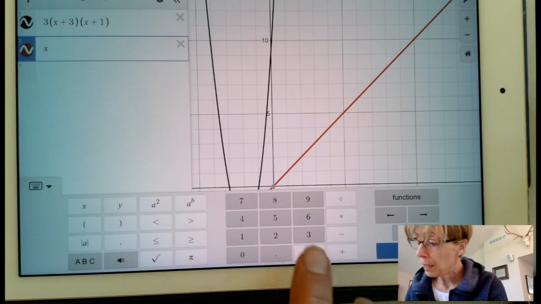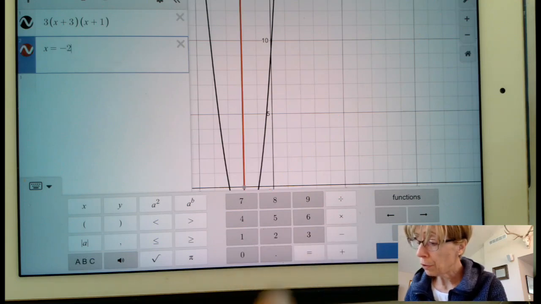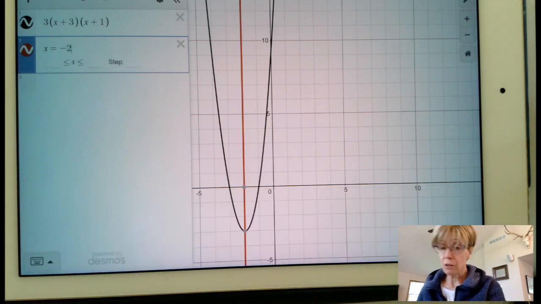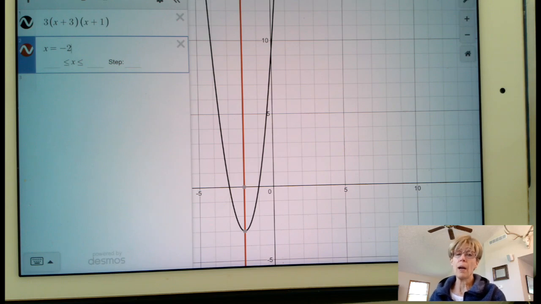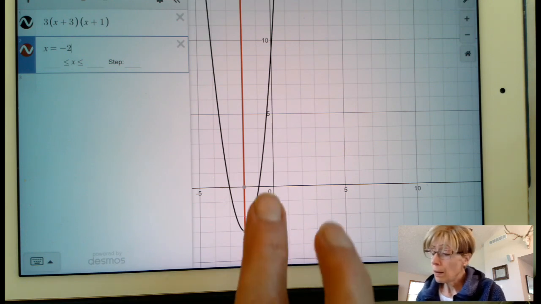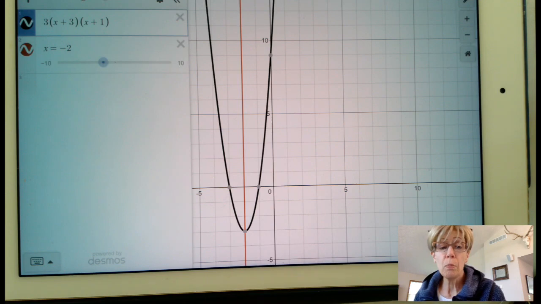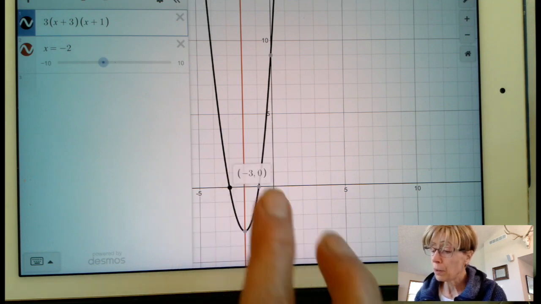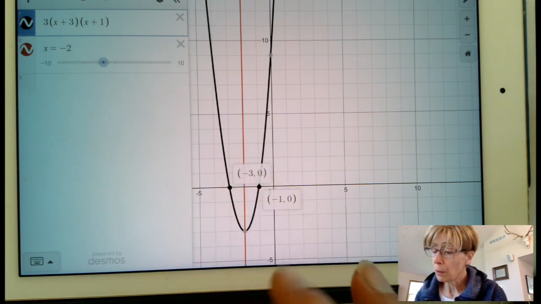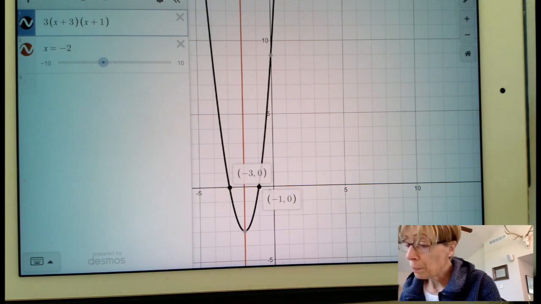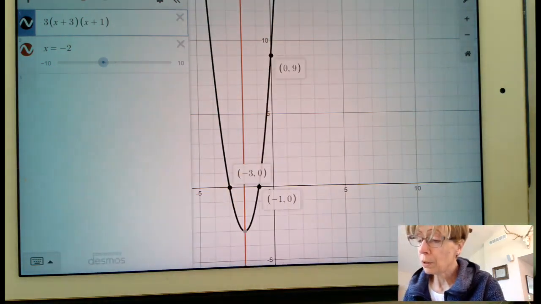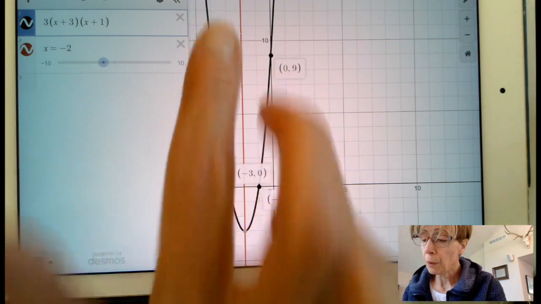Or we can pick another one, like the y-intercept here. It's 2 spaces away from the red line, and on the other side, there also happens to be a point right here that's 2 spaces away from the red line. It should be -4, 9. Let's just look at it because we can.